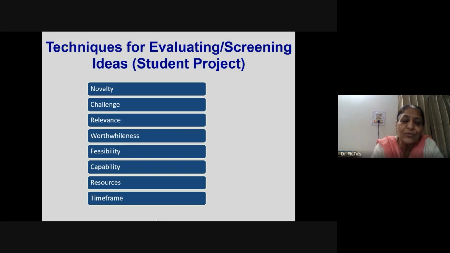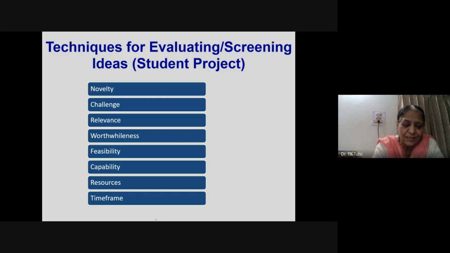whether it is relevant to the program, relevant to the context, and it is going to yield certain benefits to the individual, to the organization, to the institution, or to the society at large, then whether the idea is implementable, whether the student will be able to complete the project within the specified period of time, whether the student has the resources to implement that, right? Whether student has the capability also, whether student has the desired level of knowledge, skills, and other traits, maybe communication, maybe leadership, maybe ability to work in a team.